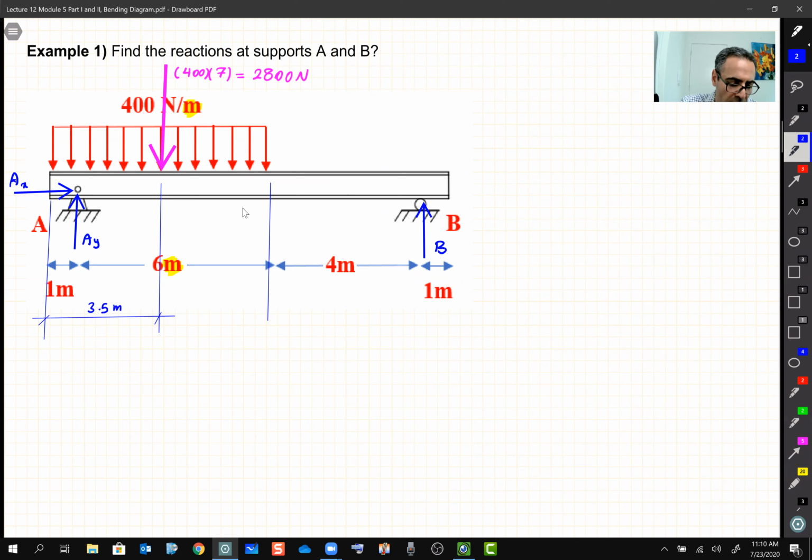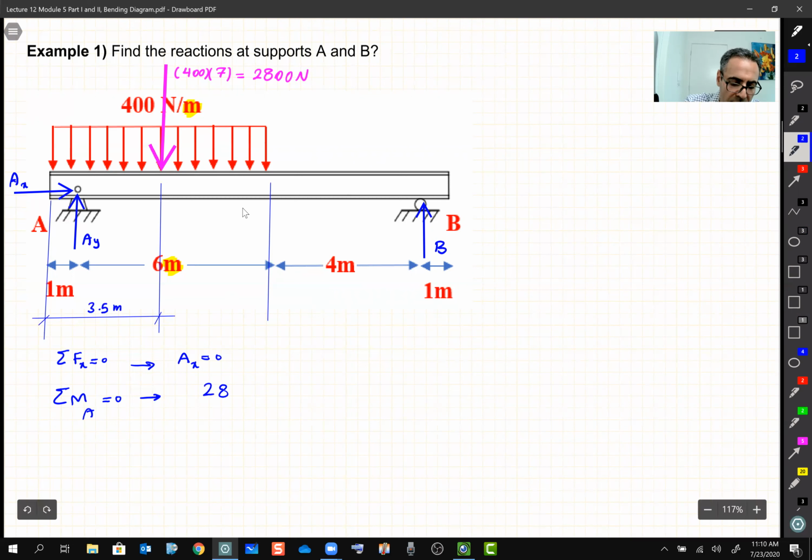You start with writing your equation. Sum of the forces in x equal to 0 gives you AX equal to 0. You take a moment about any point that you want. Let's say point A equal to 0, right? So AY is nothing. Then you have this 2800 Newton multiplied by its distance. Be careful again, it's 2.5 meters, right?